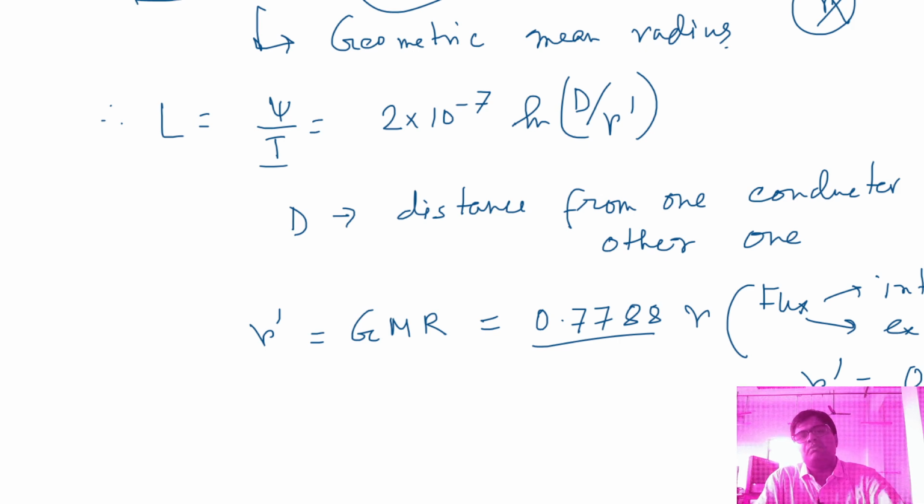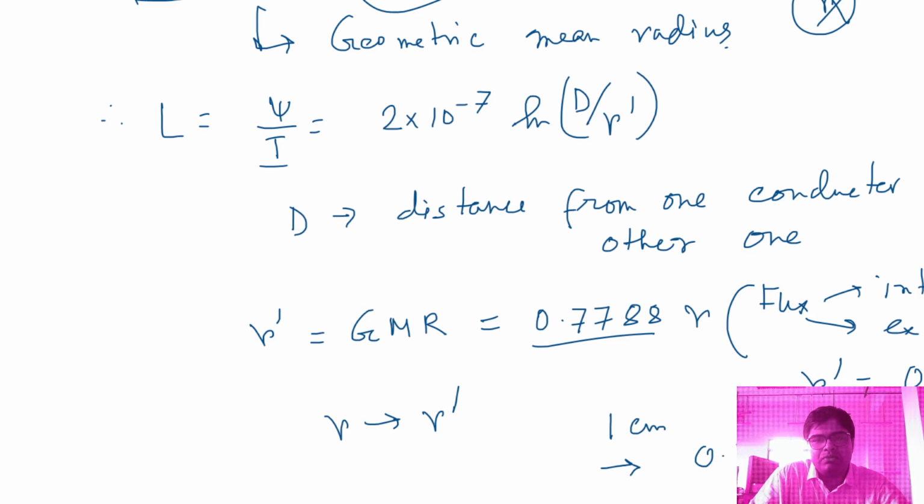So please remember this fact. When you calculate the inductance of a transmission line, you should always treat r as r dash. So if the conductor radius is given as 1 centimeter, in your calculation you should use 0.7788 centimeter.